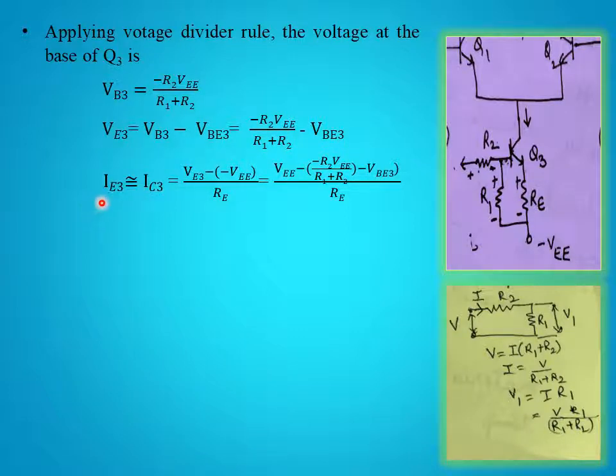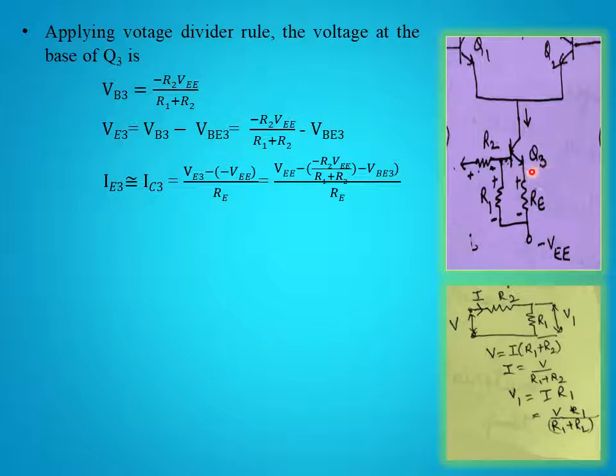Now we will calculate the current in the emitter of transistor Q3, that is IE3. IE3 will be the current flowing through this resistor RE. At this end we have minus VEE, at this end we have VE3.